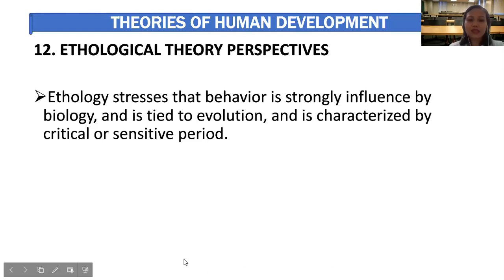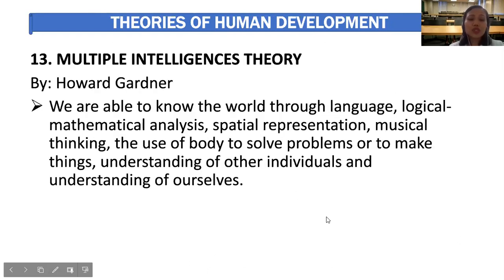Last but not the least, we have the multiple intelligences theory by Howard Gardner. We are able to know the world through language, logical mathematical analysis, spatial representation, musical thinking, the use of body to solve problems or to make things, understanding of other individuals, and understanding of ourselves.